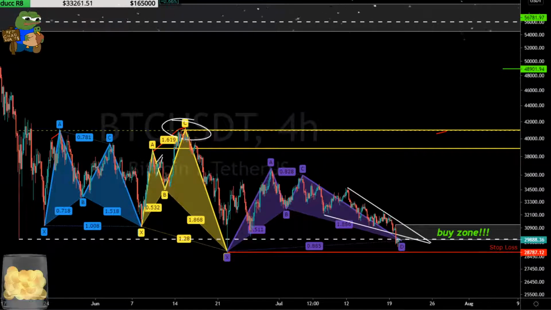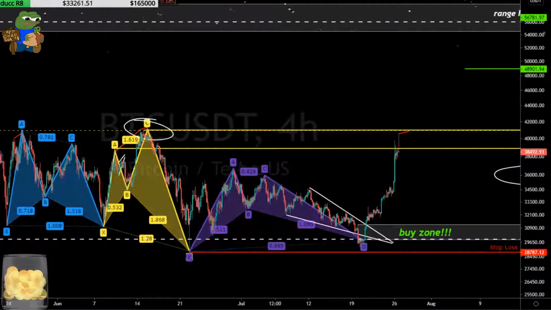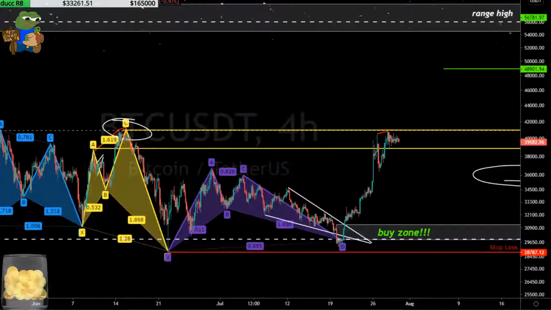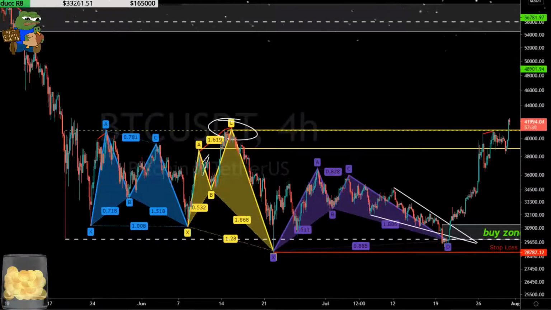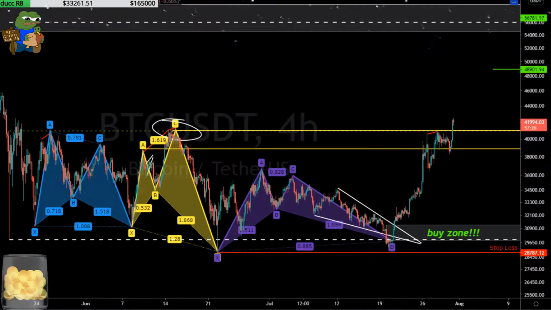We were talking about it in here. I know the real ones know. What did we really get, right? Boom, right into our target area. So interesting stuff, to say the least.